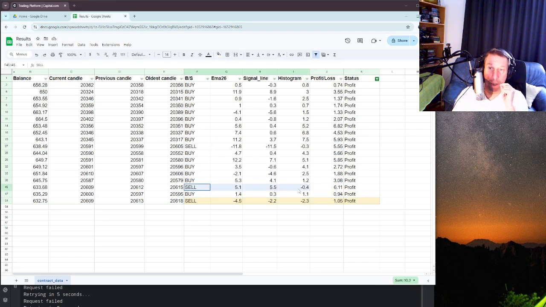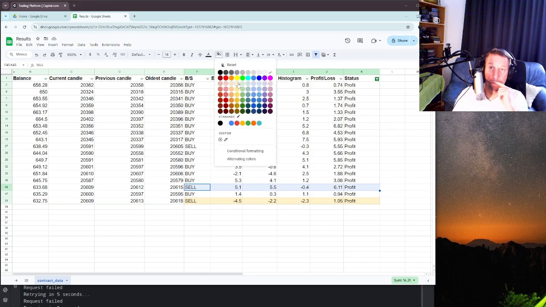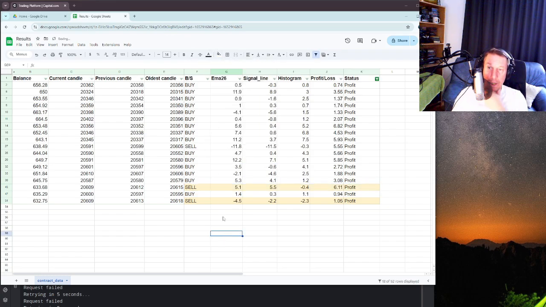I already see another sell with a better result than this one. 611, 51, 55, and a 0.4 histogram.